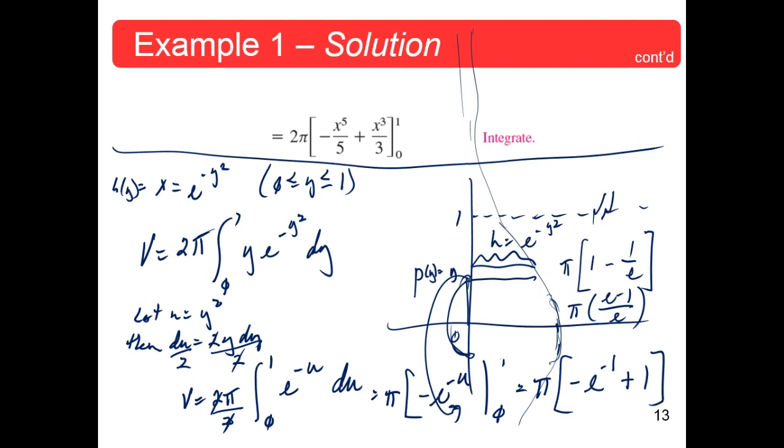And that, by the way, is what the book got, except they put parentheses here rather than brackets. That's fine. Anyone got it? Okay, the book got 1.986. Is that okay? Okay, about 1.986.